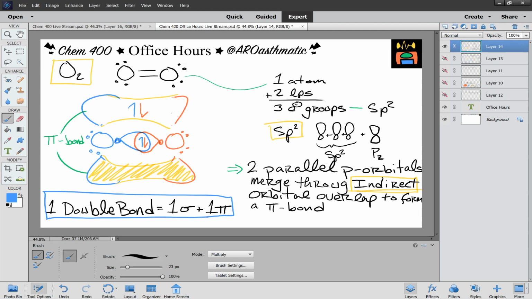But it's one pi bond, just like a two-story house is one house. All right, so that is indirect orbital overlap, and that is how pi bonds form.